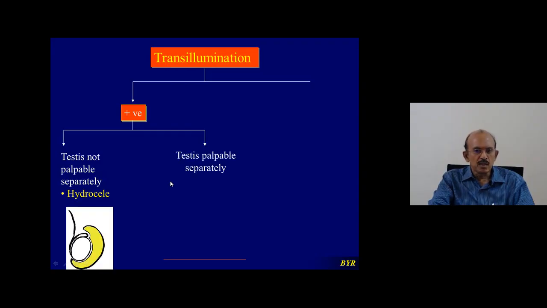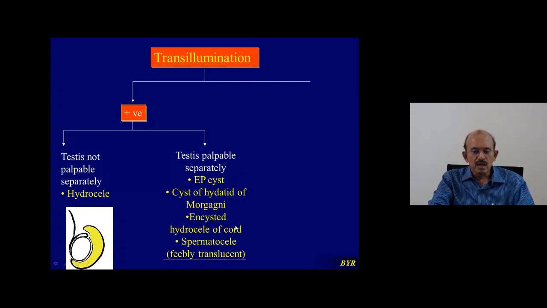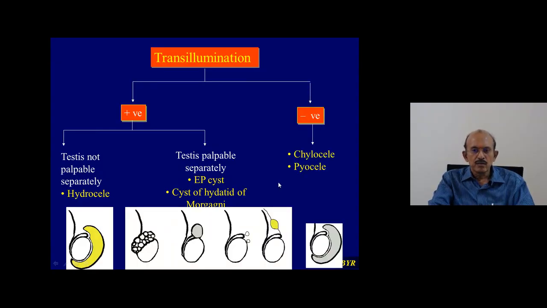Testis palpable separately means the swelling is separate from the testis. It can be due to epidermal cyst, cyst of the hydatid of Morgagni, encysted hydrocele of the cord, and spermatocele. Cystic swelling with transillumination negative can be chylocele or pyocele.